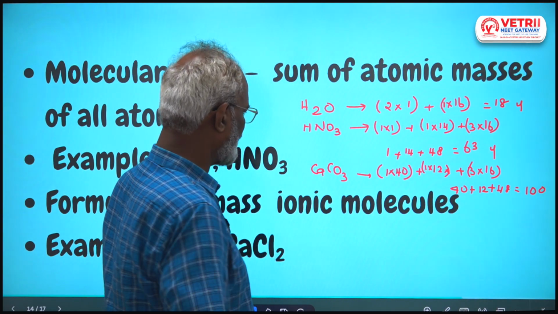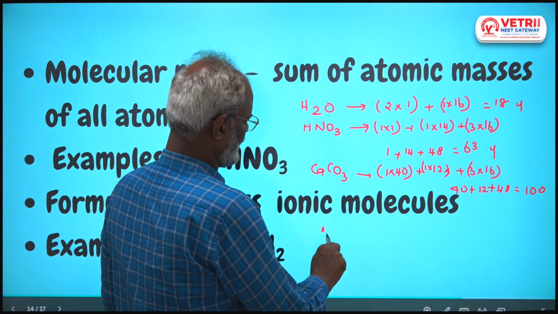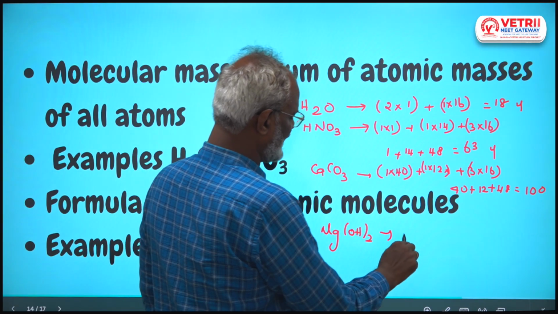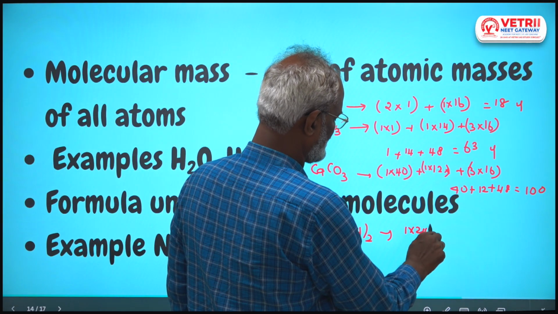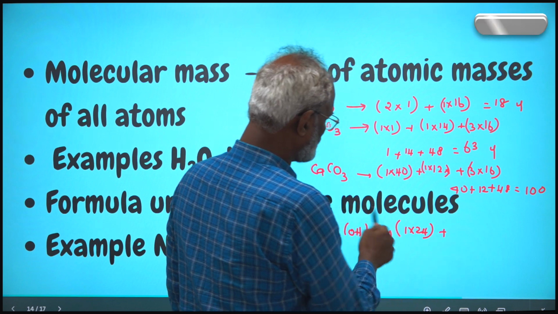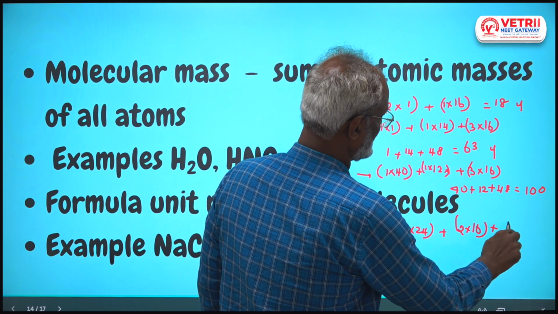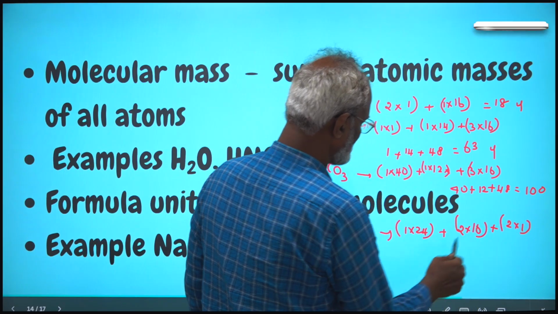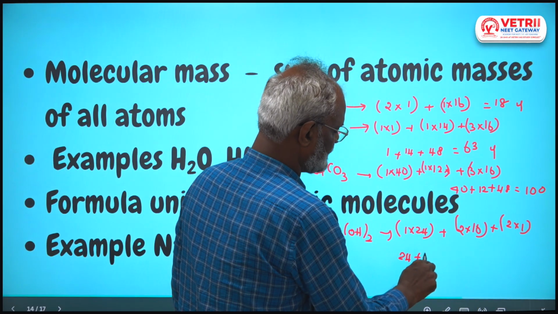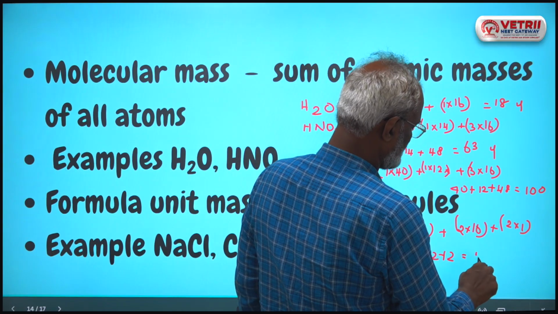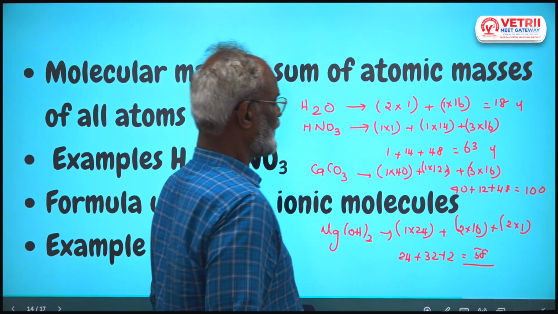We calculate for Mg(OH)2. For Mg it is 1 into 24, plus 2 oxygen atoms, 2 into 16, plus 2 hydrogen, 2 into 1. So it will be 24 plus 32 plus 2, which is 58, the molecular mass.